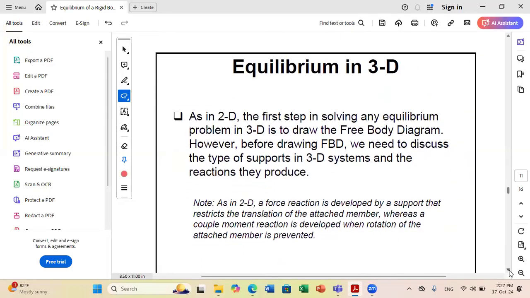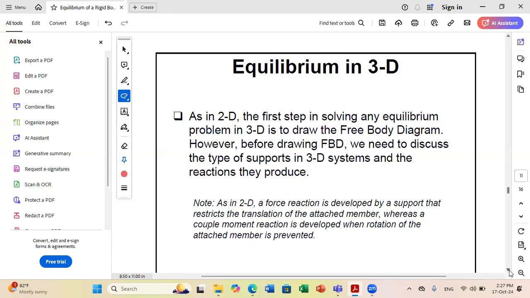So until now, we have considered equilibrium in 2D. Now in 3D, it's the same concept, but more complex because I have more equations to satisfy. We said in 2D, we have three equations: two forces, one moment, or one force, two moments, or three moment equations.